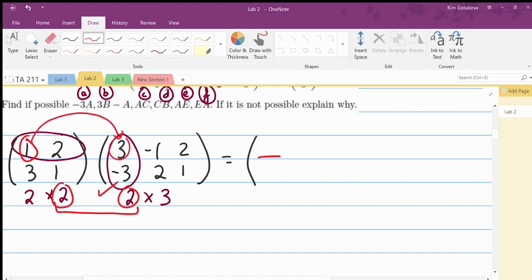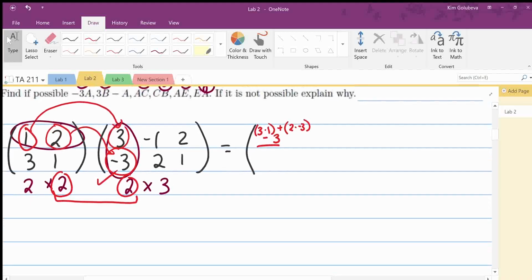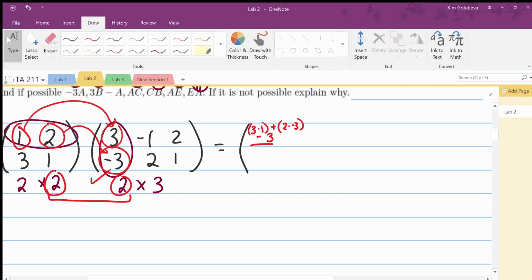Okay, so we have 3 times 1, and then we're going to be adding the second entry, so this times this, that's 2 times negative 3. So we have 3 minus 6, so this entry ends up being negative 3. I know it's a little bit confusing at first, but it will get better.